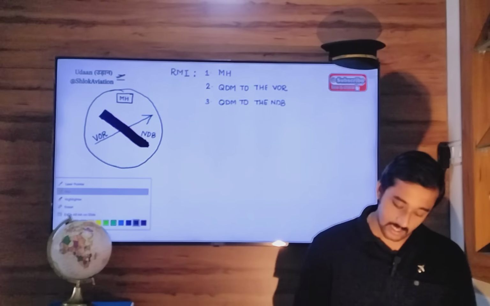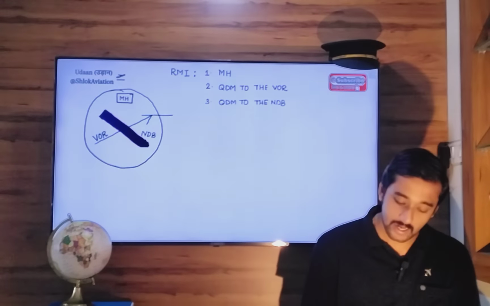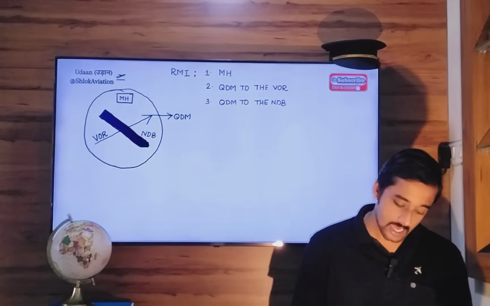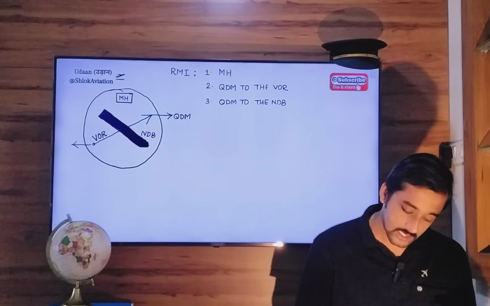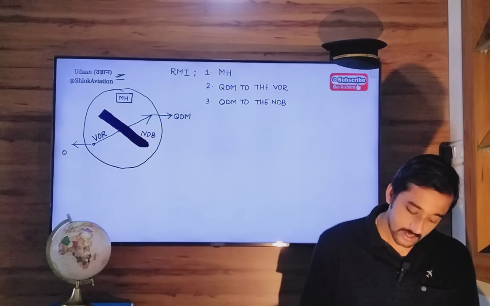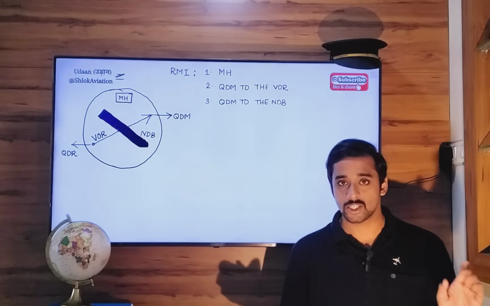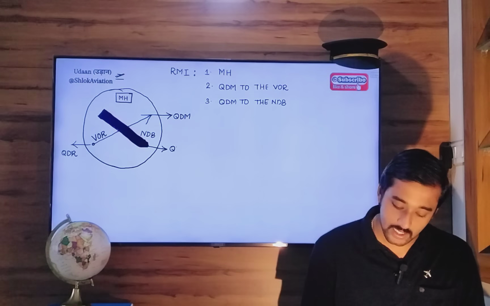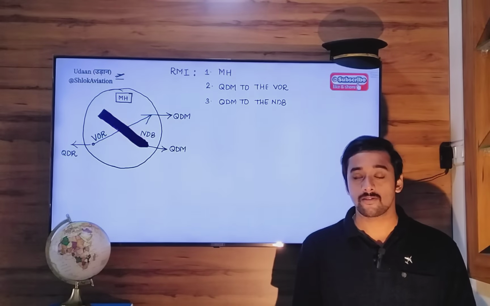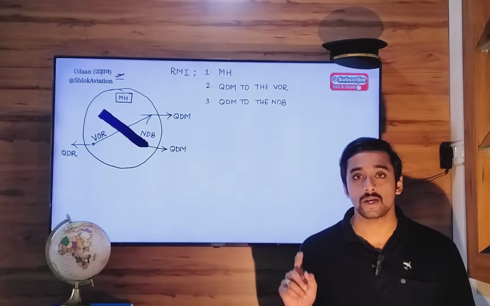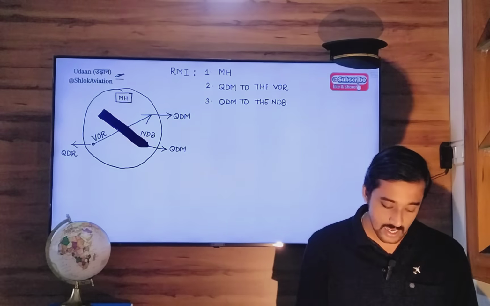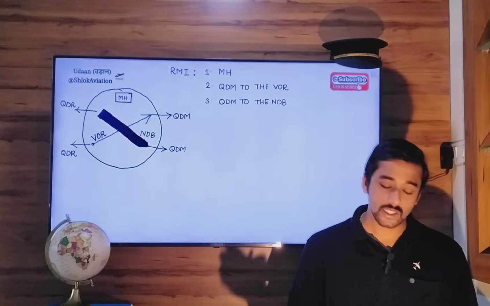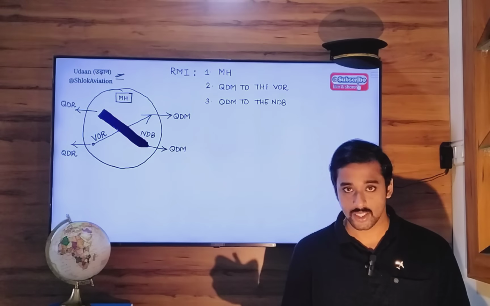The tip of the VOR needle will give you the information of QDM towards the VOR station. The tail of this needle will give you the track that you must fly from the VOR station. Similarly with NDB, the head of this needle will give the track that you must fly to go towards the NDB station, and the tail of this needle will give you the track that you must fly away from the NDB station.